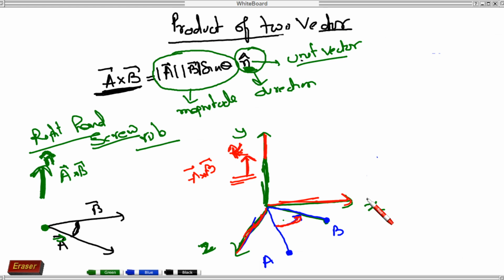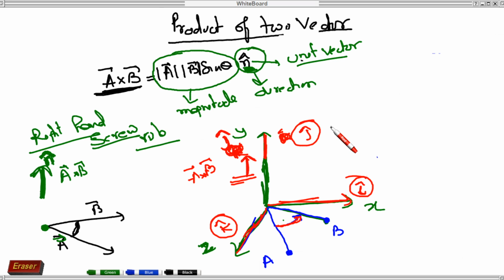I told you, I think in my previous classes also, that in the x-axis, if you want to show the direction, then the direction is shown by this unit vector, that is i. In the y direction, it is shown by the unit vector j. In the z direction, it is shown by k.